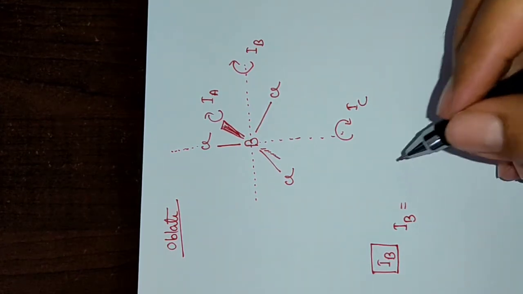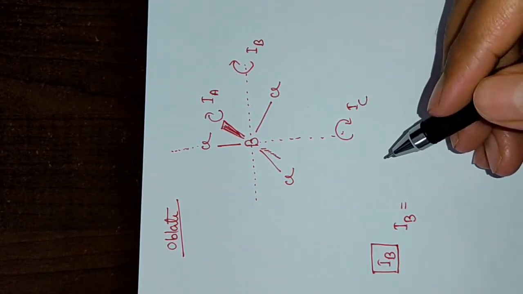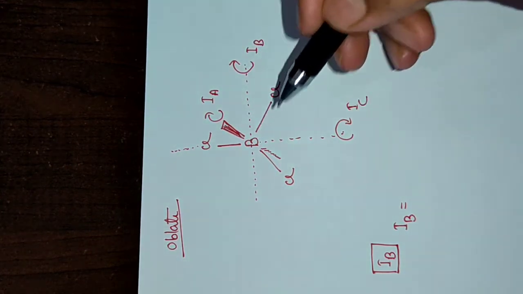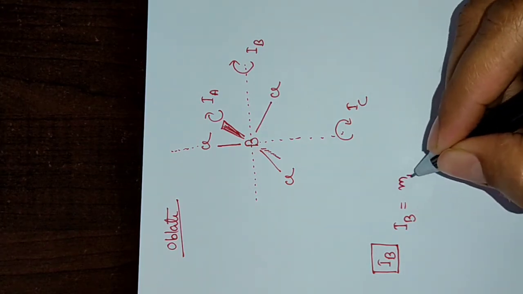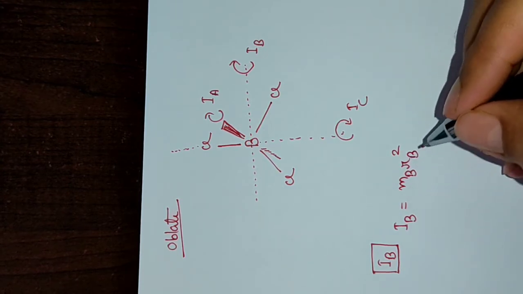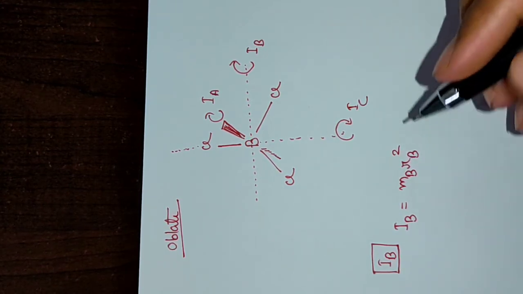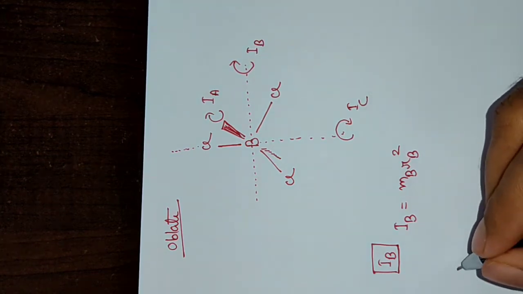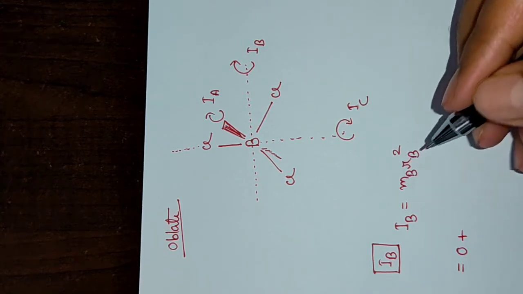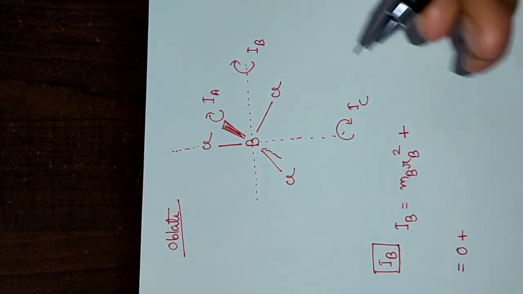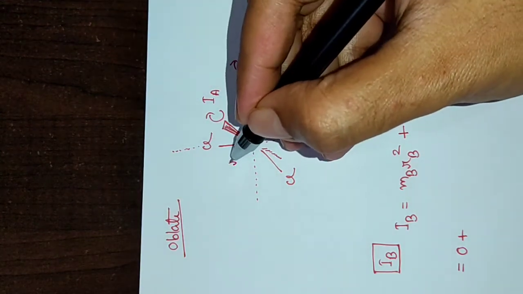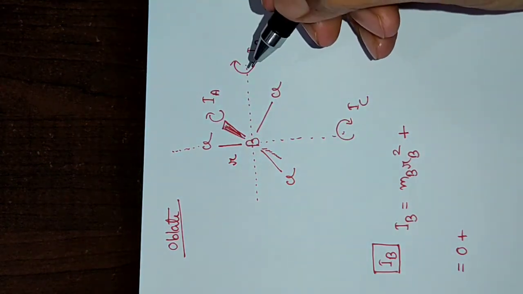Now we have to sum up all the moments of inertia. See, the axis is passing through boron, so it will be M_B R_B square, but the distance of the center of the boron atom from the axis is 0, so it will be 0. Mass is non-zero, but this will be 0, plus this atom you have to consider, it is r distance away from the axis.